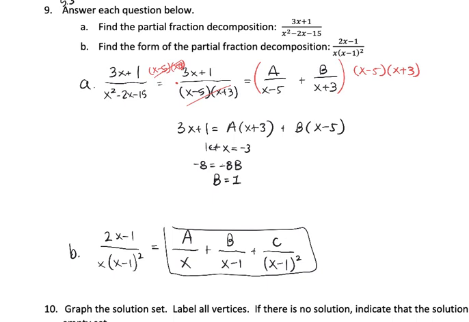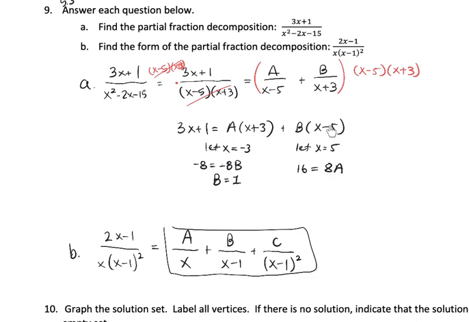Now, if I want to solve for a, then I need b to disappear, and that can happen if x is positive 5. So now I'm going to let x equal positive 5. So here we have 5 times 3, which is 15, plus 1. That's 16. Here 5 plus 3 is 8. 8 times a is 8a.